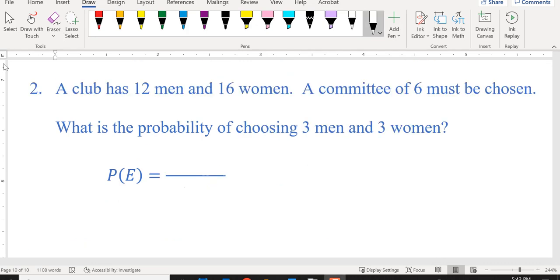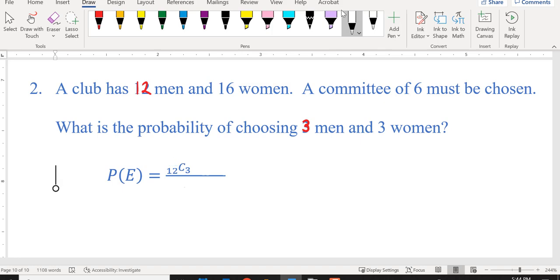Last example. A club has 12 men and 16 women. A committee of 6 must be chosen. What's the probability of choosing 3 men and 3 women? Okay, for the men, you have to choose 3 men from the 12 men. How do you choose 3 men from 12 men? It's the combination of 12, pick 3.